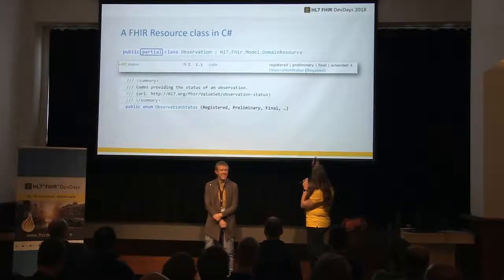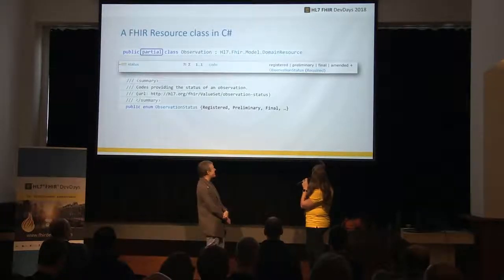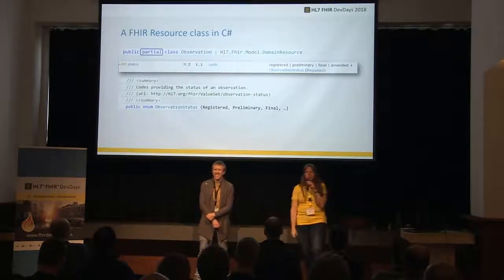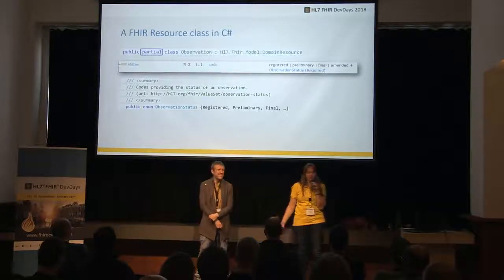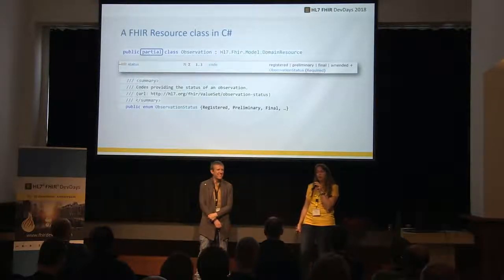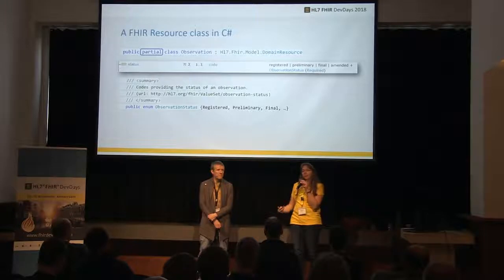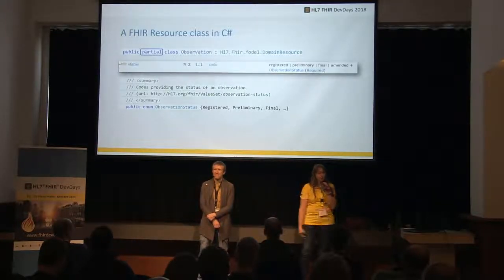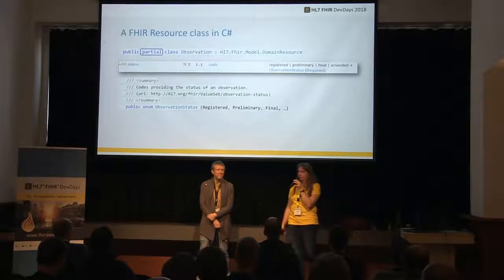That means that you have to take one of the codes from the code set that's listed there, and for each of those required parts, we have created an enumeration, so you're able to use that enumeration to fill in the code for that specific field.